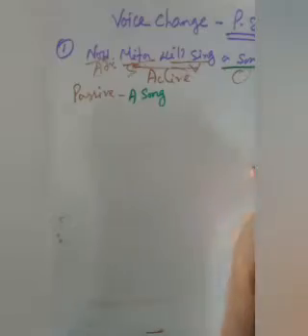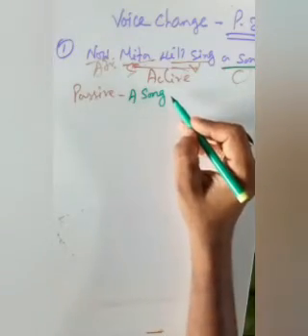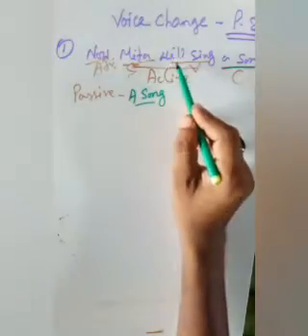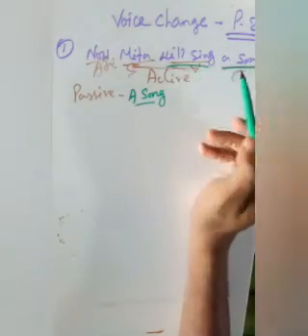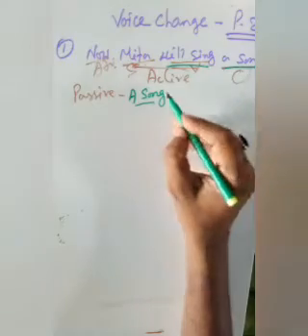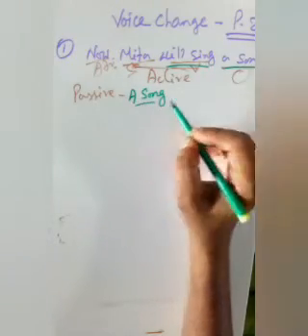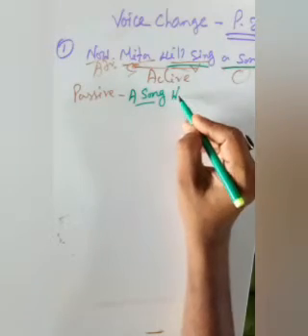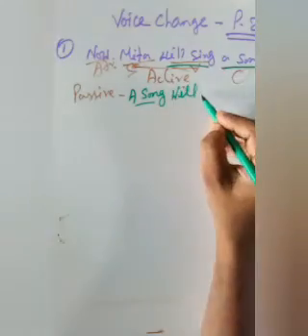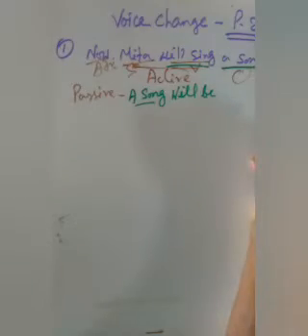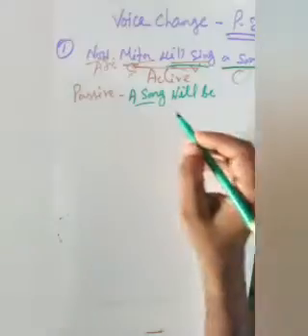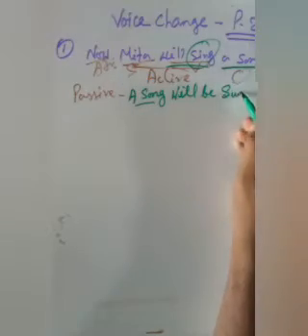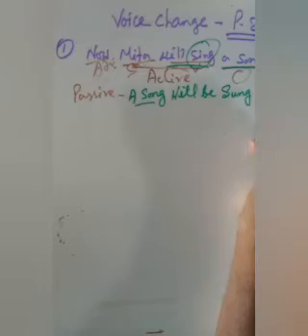The next step is we need to use an auxiliary verb according to the subject and the tense. The tense is future indefinite tense or future simple tense, and it is third person singular number. So the auxiliary will be will be, then the third form of the verb, sung. A song will be sung.